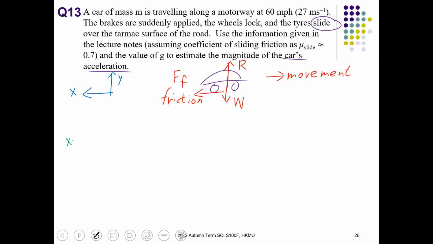If we consider the x direction, which contributes to the movement, we can apply Newton's second law. In Newton's second law, the net force equals ma. In this question, we need to find the acceleration a.